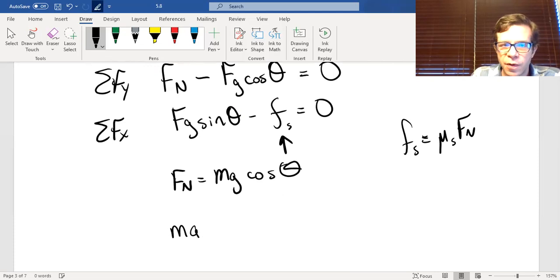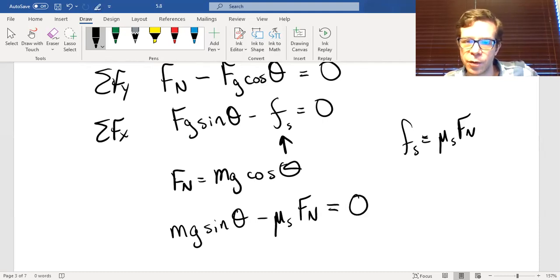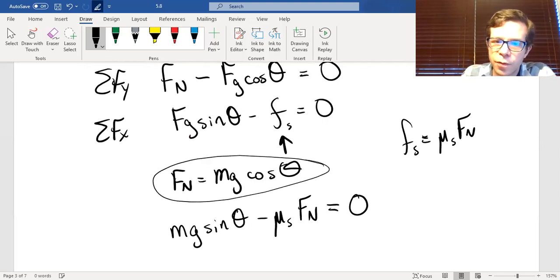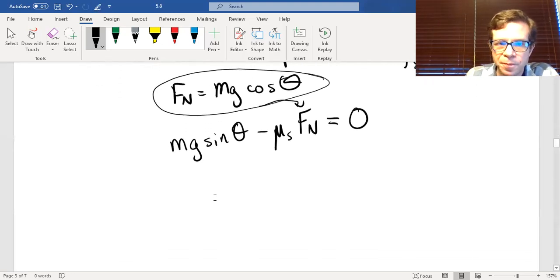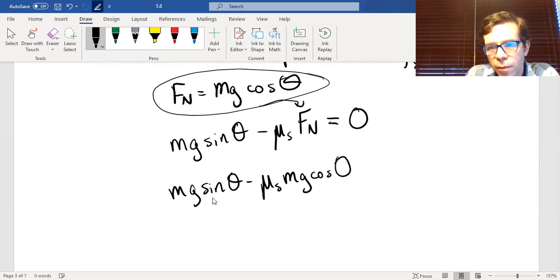I'm going to make the same substitution in my x equation, and I'm also going to substitute in for the friction in my x equation. Now we have this result for normal force that we can plug in. And we get mg sine theta minus mu mg cosine theta equals 0.